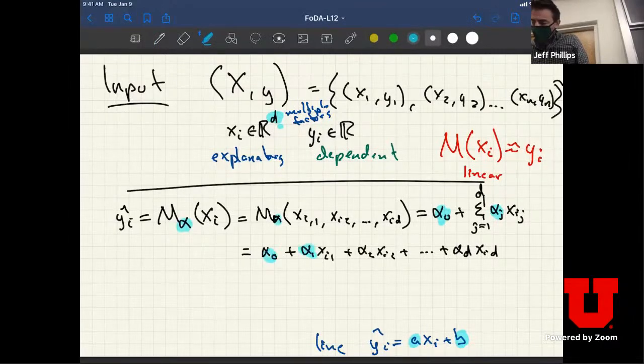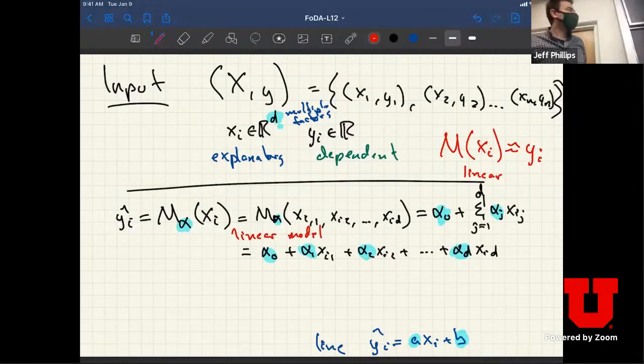The only thing I'm doing with these model parameters is multiplying each by one of the input parameters, one of the explanatory variables. I'm adding them together, and I can add this offset here too. So this is still what's called a linear model.